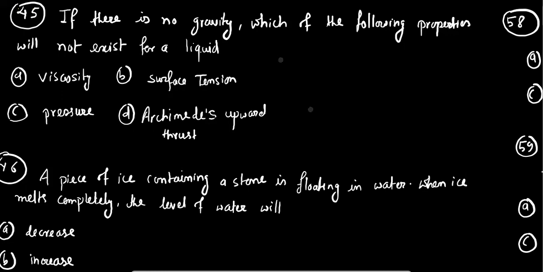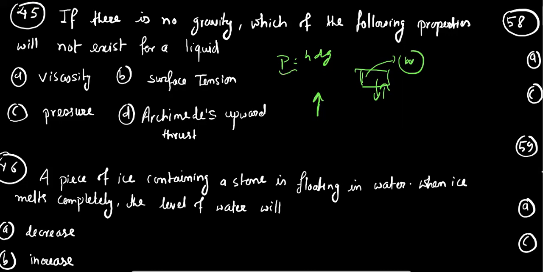is equal to P equals hdg, and due to this pressure, an upward force also acts, because when we place any object inside a liquid, there is a force which acts upward. If there is no weight of this object, then of course the upward thrust will be 0.